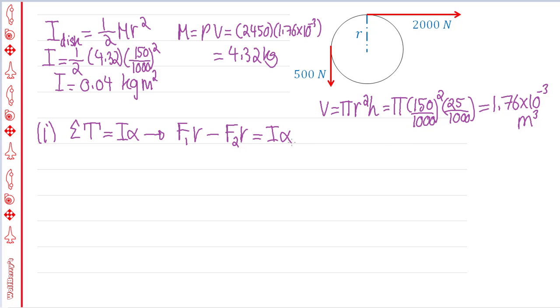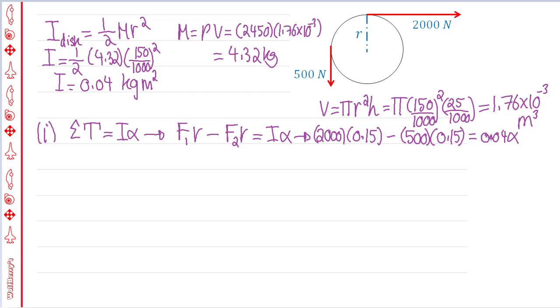alpha. Now, we have F1, it's 2000, multiplied by R, the radius, which is 150 divided by 1000 is 0.15. Let's start writing it like this. Minus the second force, which is 500, multiplied by the same radius. They both act at the same radius, equals I 0.04 alpha.